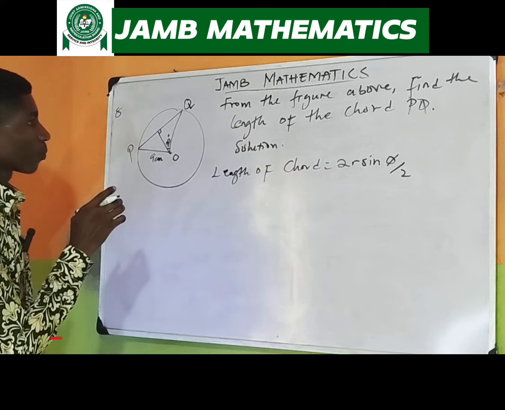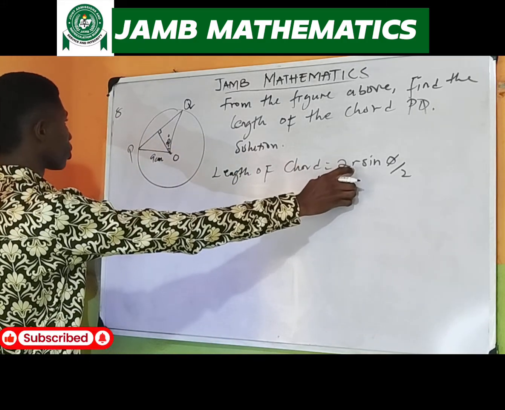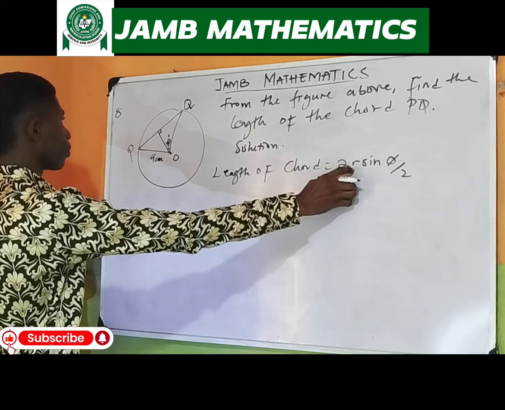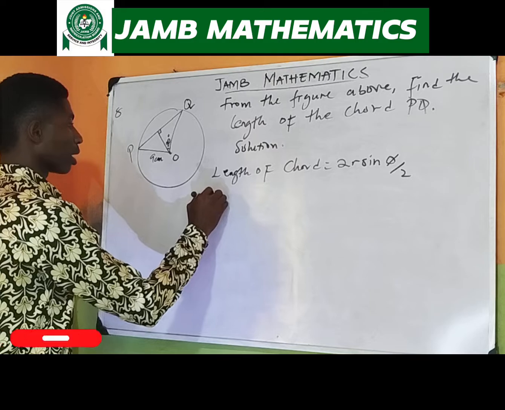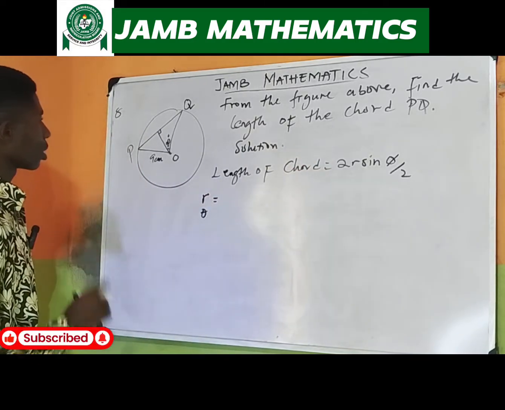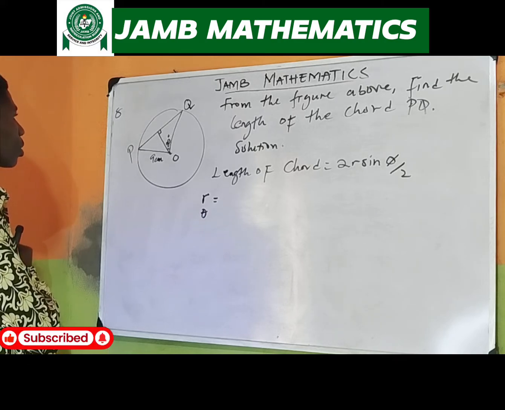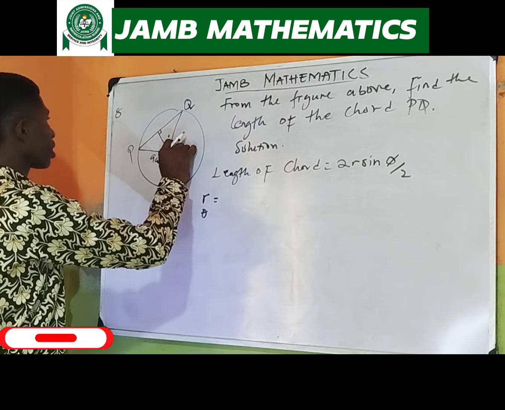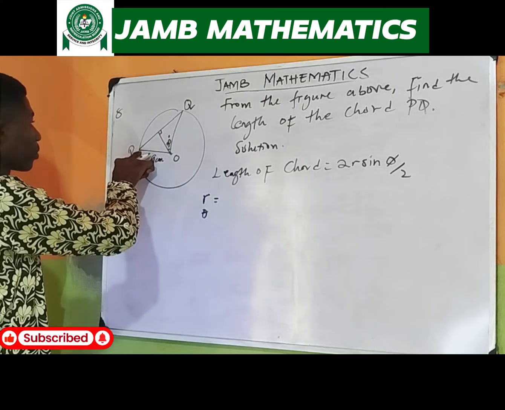Now, for 2R, our radius, we have to find our radius, and we have to find our angle. Radius is the distance from the center to any point on the circumference.